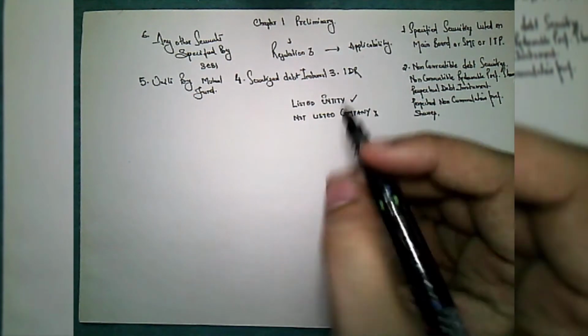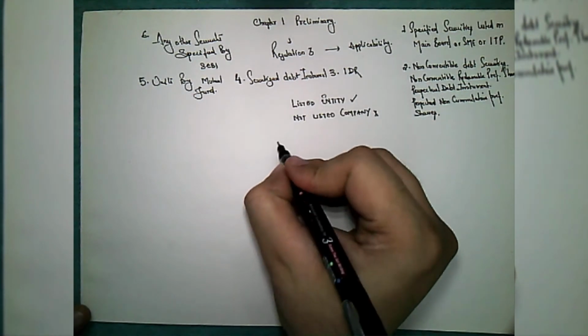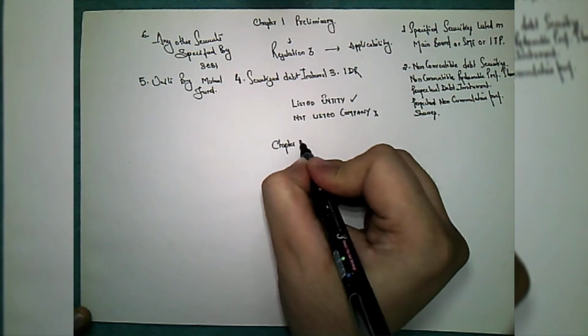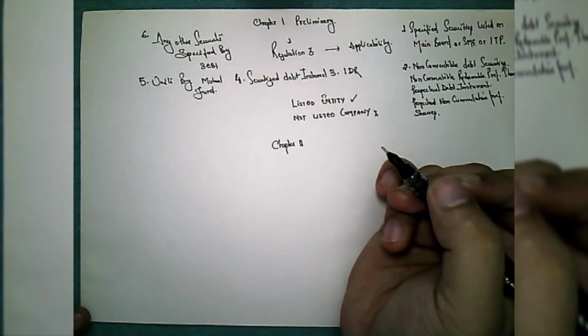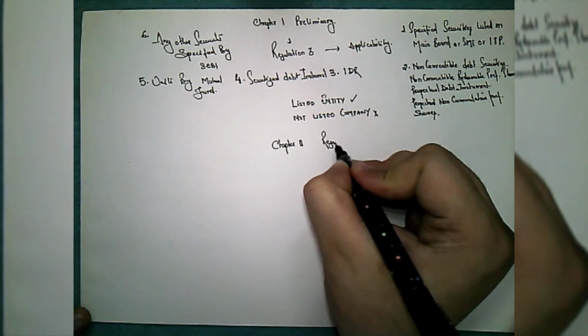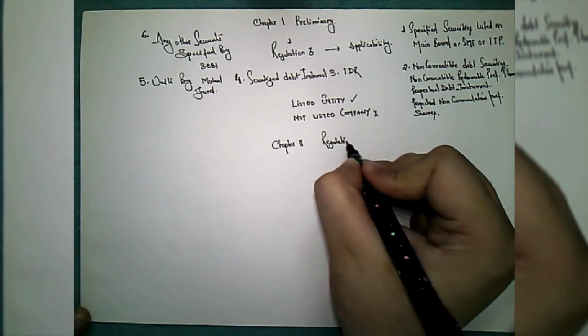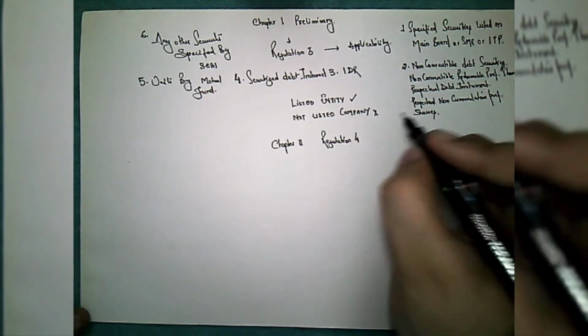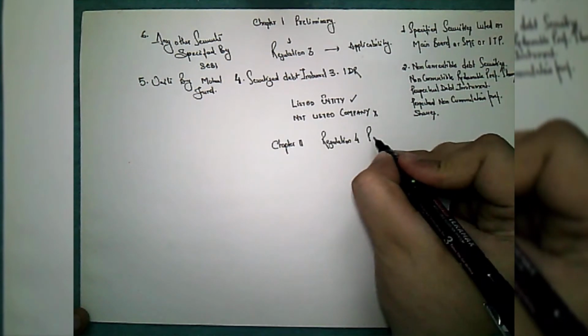To the second chapter, which talks about regulation 4, and that talks about principles governing disclosures and obligations of listed entity. Let's go ahead.